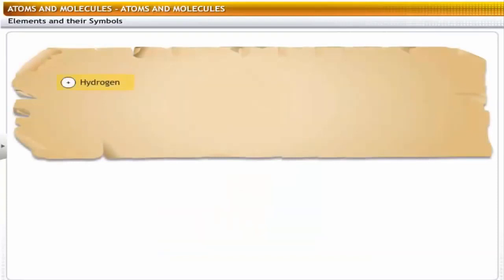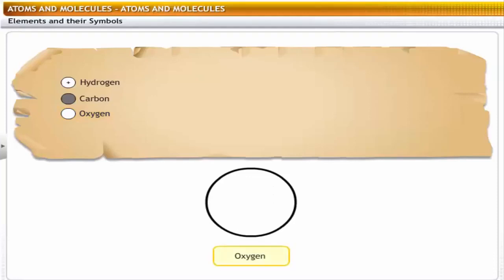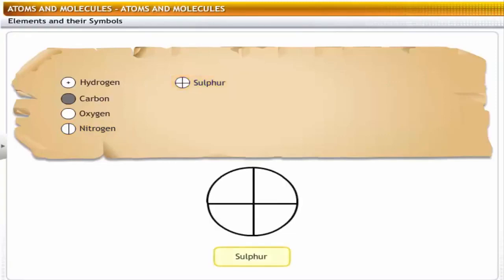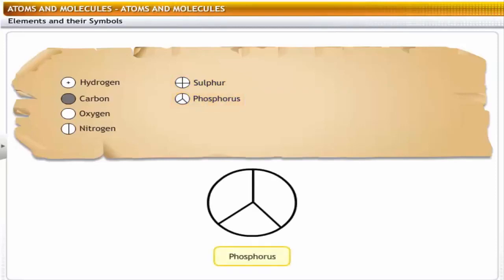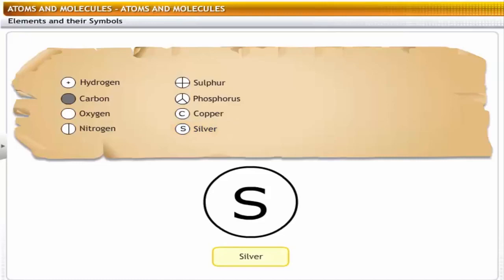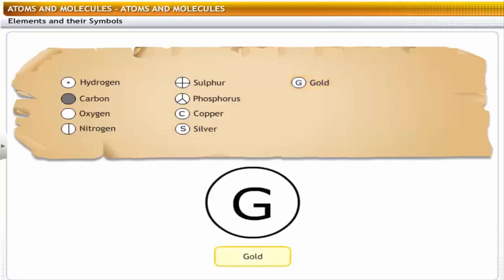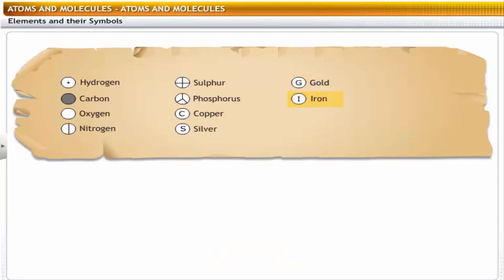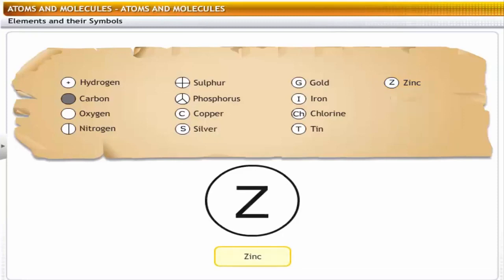For example, hydrogen, carbon, oxygen, nitrogen, sulfur, phosphorus, copper, silver, gold, iron, chlorine, tin, zinc, and lead were each represented by a distinct symbol.